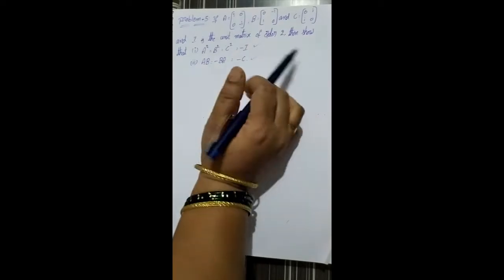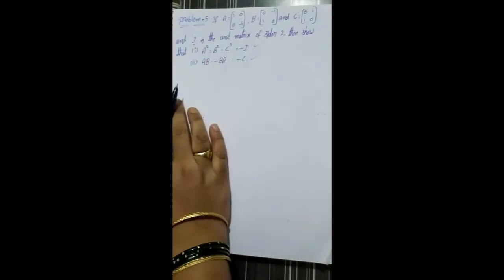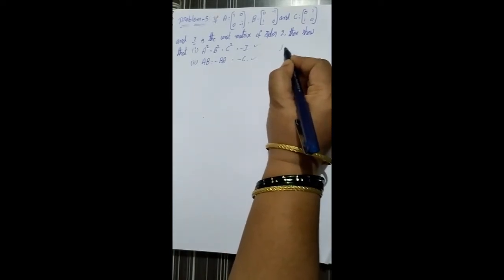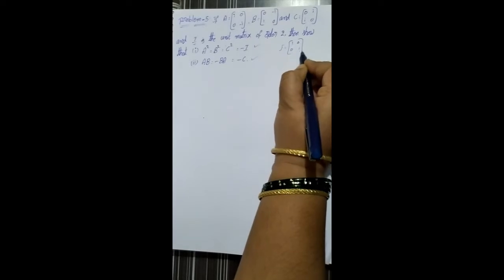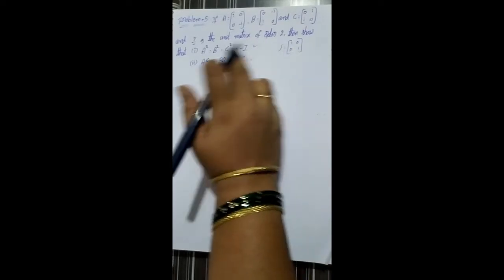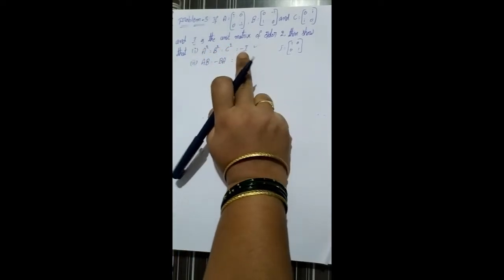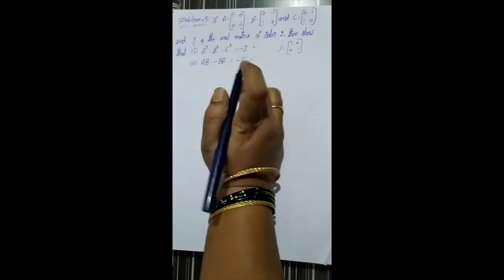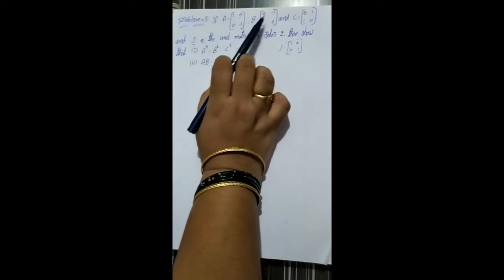First, in this problem, we are given three matrices A, B, C, and I is the unit matrix. We know the unit matrix I of order 2 is [1, 0; 0, 1]. In the first problem, A squared equals B squared equals C squared, that is equal to minus I. For that, we have to find the squares of A, B, C separately.